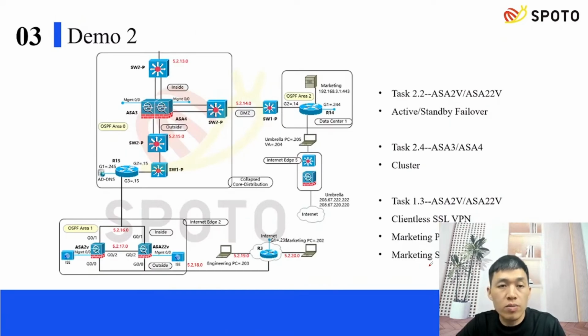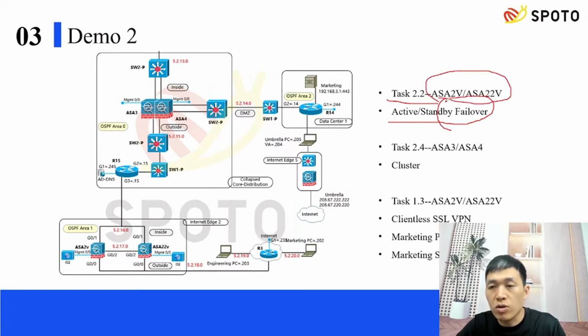And now let's look at demo 2. Same as demo 1, task 2.2 is about active standby failover, and you are going to configure these two devices here with active and standby failover.